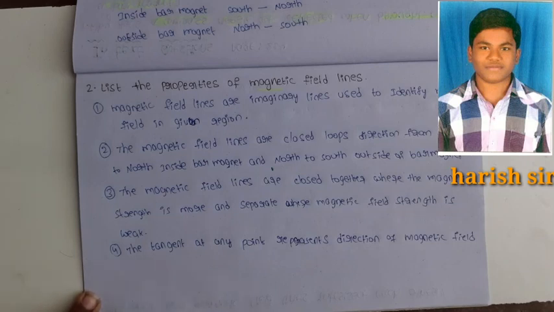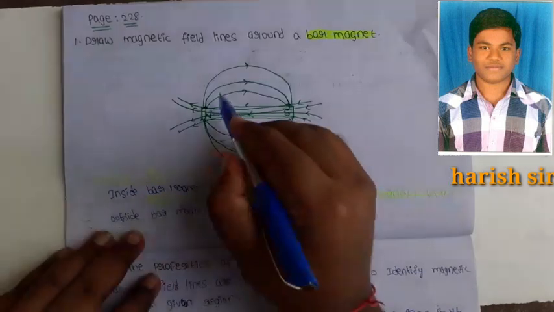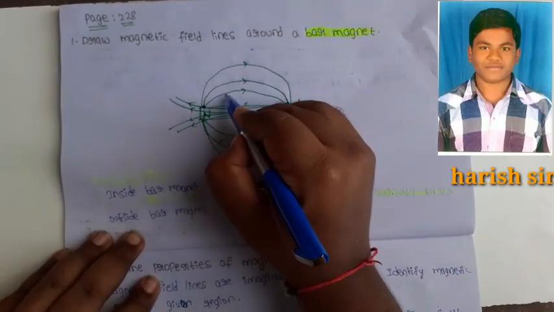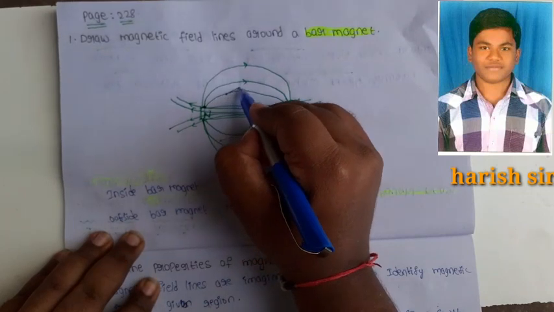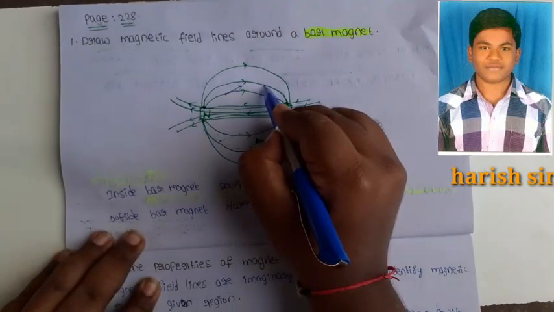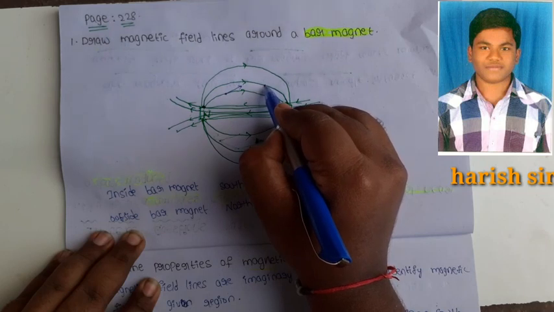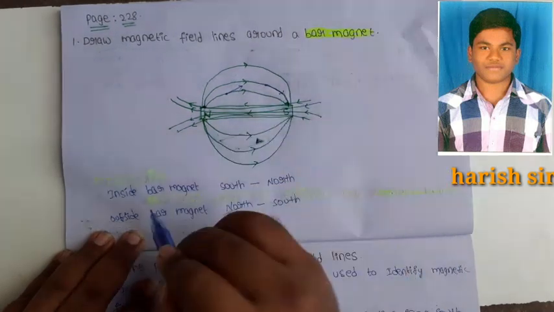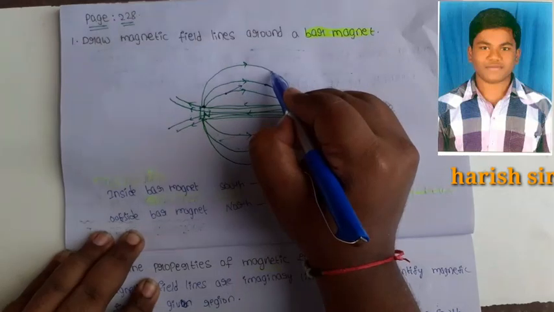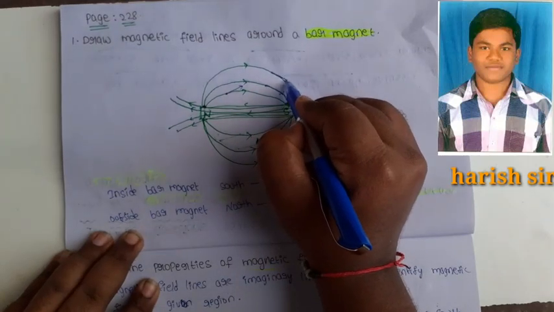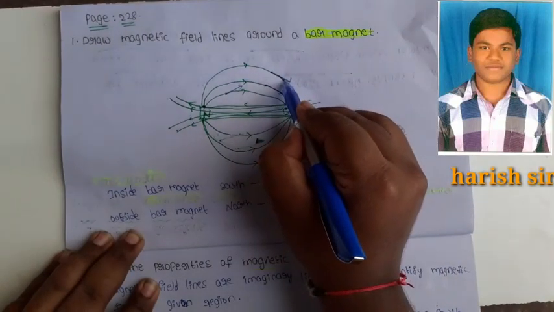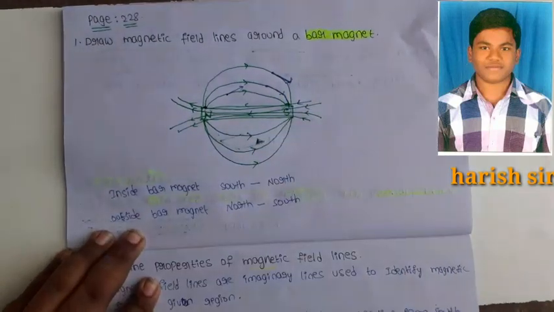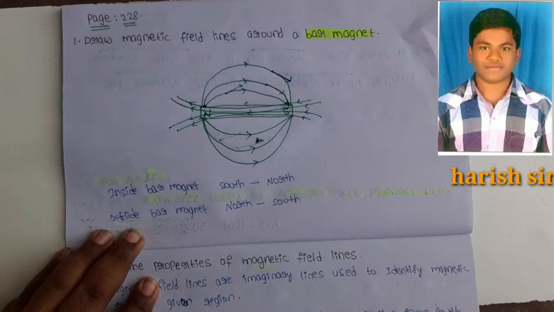This tangent line represents the direction of the magnetic field. At any point of the closed loop, I am taking this point. What is the direction of the magnetic field? It is the tangent. You can take this point. What is the direction of the magnetic field? This line. That is the magnetic field direction. You can take this point. This is the magnetic field direction. So this tangent line represents the direction of the magnetic field.